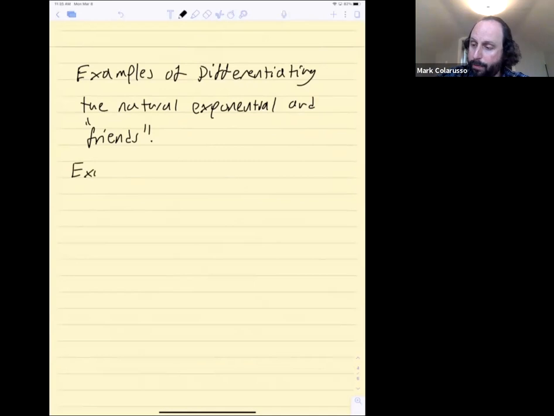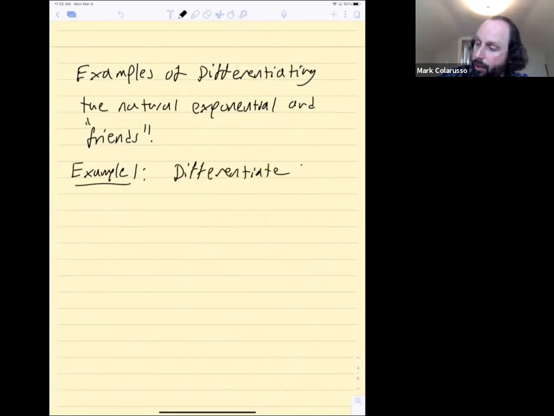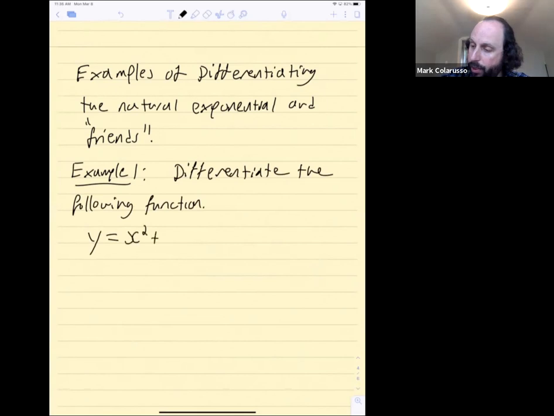So first example. Differentiate the following function. y equals x squared plus x plus 1 times our friend e to the x.